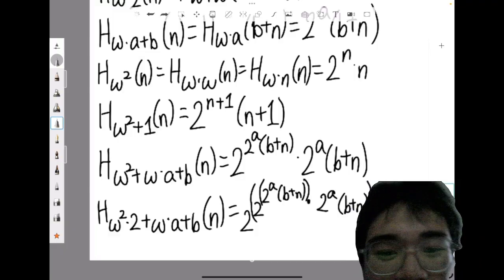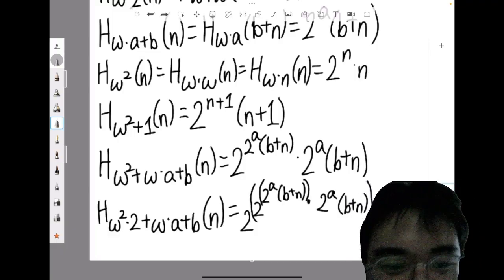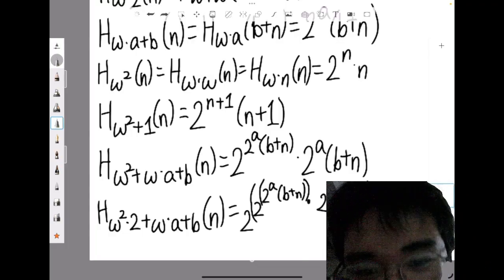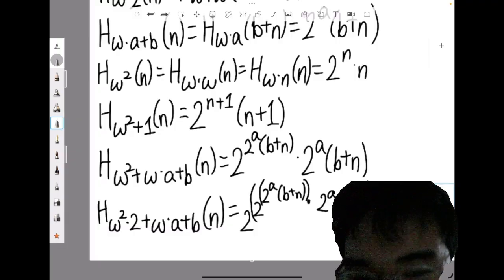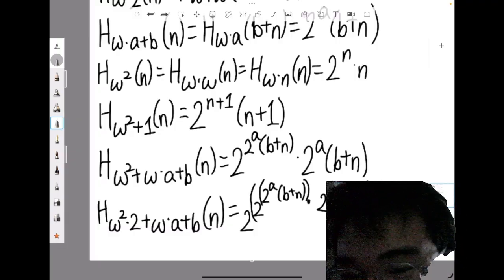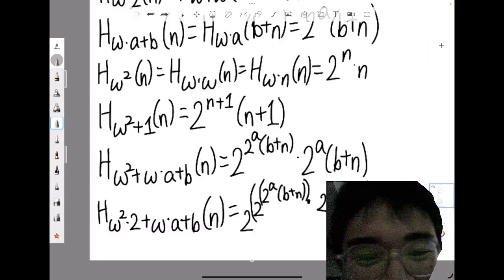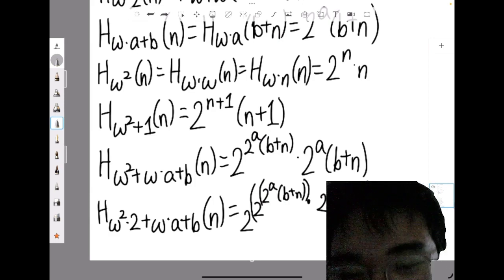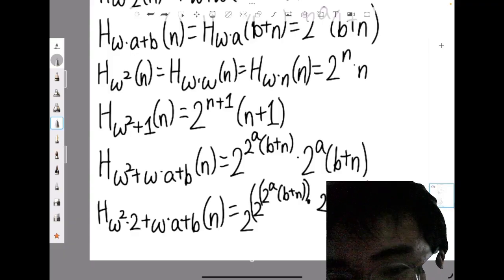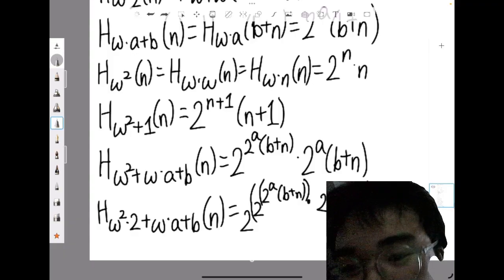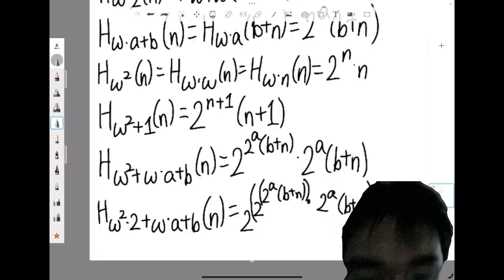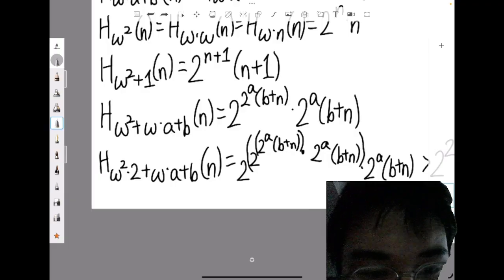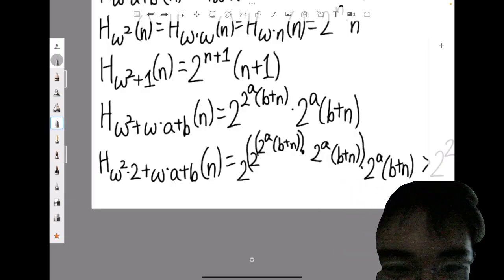As we continue, you can do something like omega squared plus omega times a plus b, which is 2 to the power 2 to the power a, and you see that it's like stacking exponential functions. So it's actually starting to grow really quickly. So 2 to the power a times the quantity b plus n, and then you multiply by another term, 2 to the power a times b plus n. When you do omega squared plus omega times a plus b, it's growing much quicker.